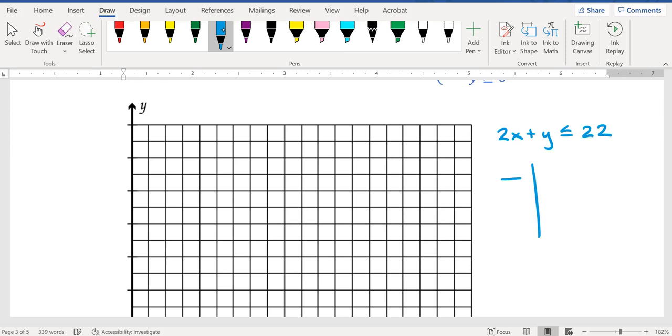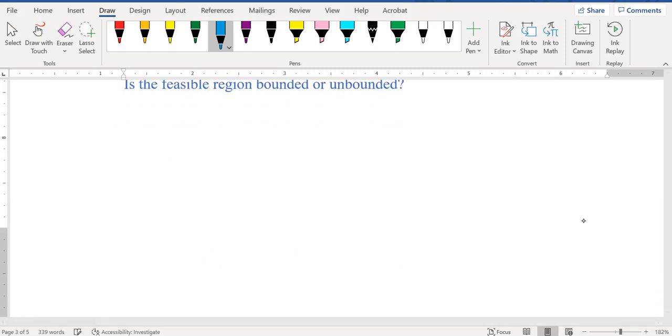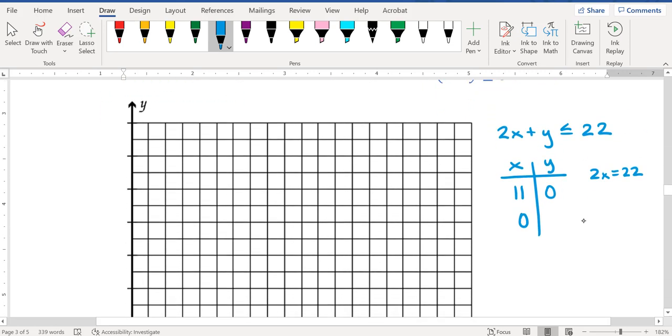If I graph by intercepts and I let y be 0, I get 2x equals 22, so x is 11. If x is 0, I get y equals 22.